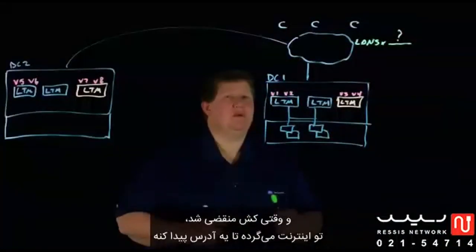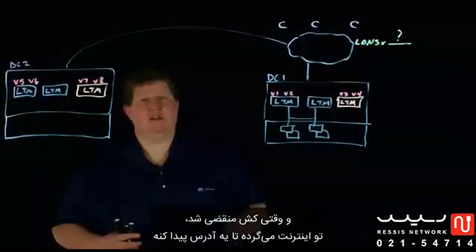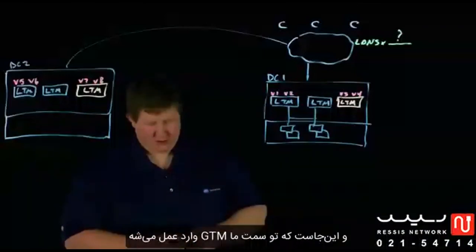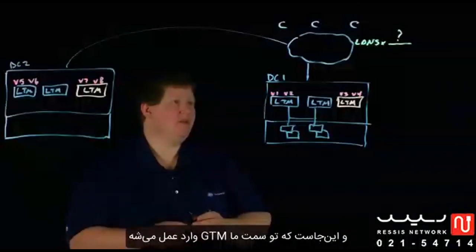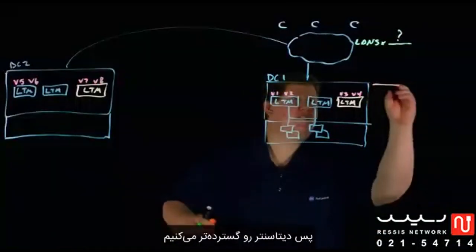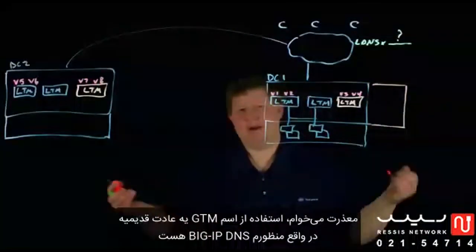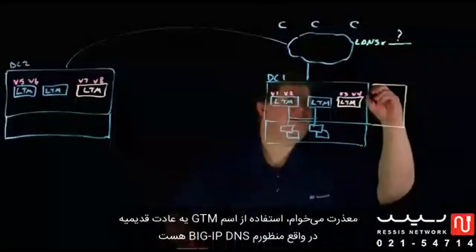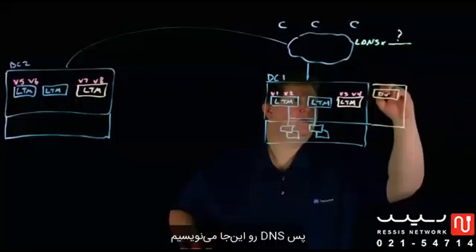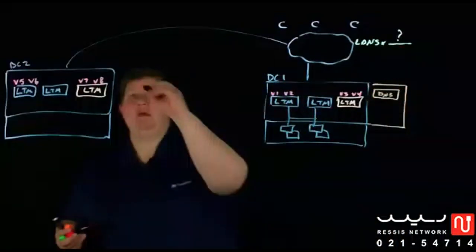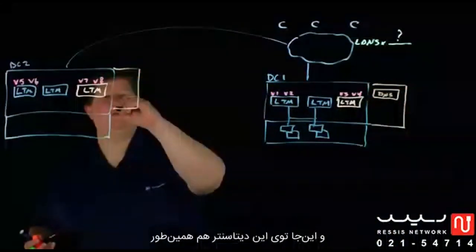When that cache expires, it's going to come out and look for an address. And that's where, on our end, the GTM comes into play. So if we extend this data center, I'm sorry, it's an old habit, GTM, actually F5 BIG-IP DNS, we'll just put the DNS in there over here in this data center as well.